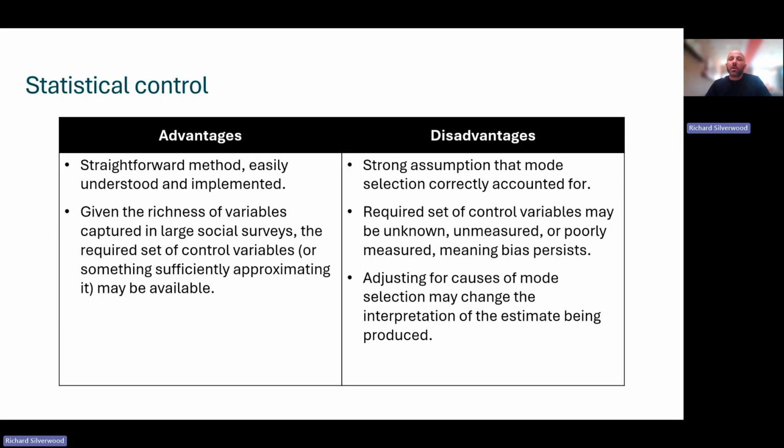And therefore, it's impossible to completely account for this bias. An additional consideration might be that when we adjust for causes of mode selection, we're then thinking about conditional estimates. So we might be changing the interpretation from what we would ideally be estimating.